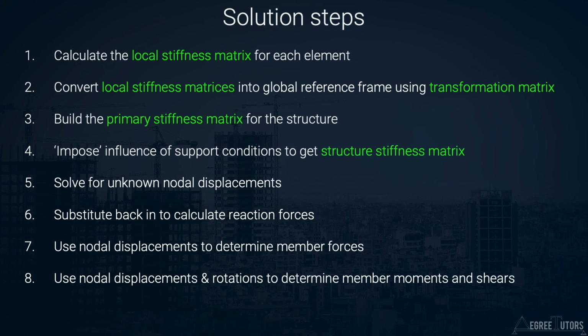We can then impose the influence of support conditions on our structure, and that gives us the structure stiffness matrix. We can solve for our unknown nodal displacements. We can substitute those back in to calculate the reaction forces, and then use nodal displacements to determine member forces, and use nodal displacements and rotations to determine member moments and shears. So that's a summary of the process.